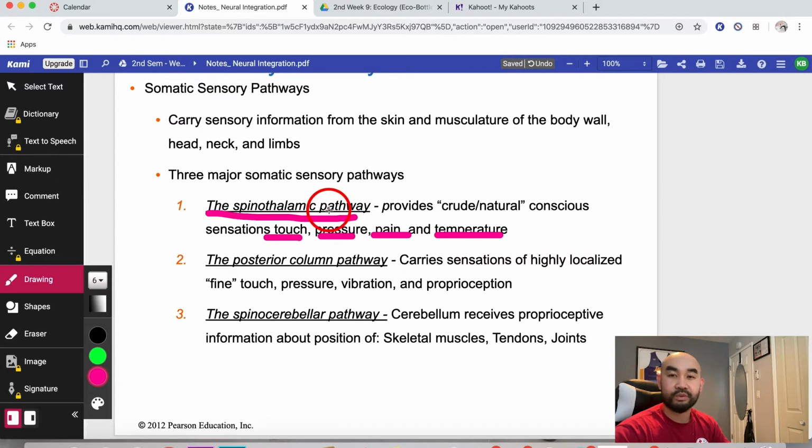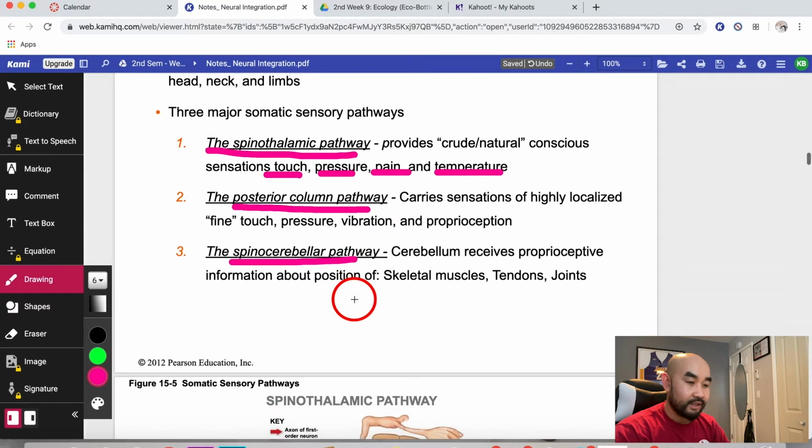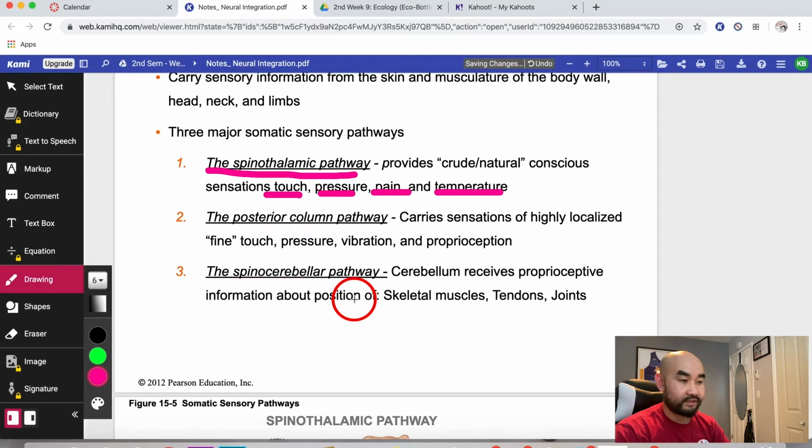So it goes to the spine and then the thalamus. And then you also have a posterior column pathway. It's kind of similar to spinothalamic because it involves both, but it's a different position. We'll talk about that. And then the spinocerebellar pathway, so the spine and the cerebellum. Remember, cerebellum has to do with balancing, right? So make sure you review that.